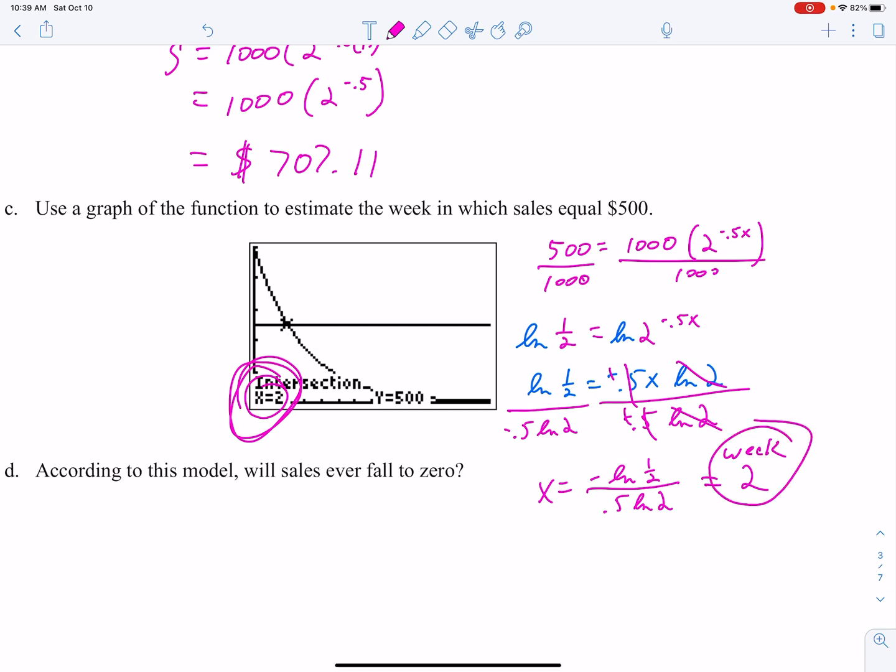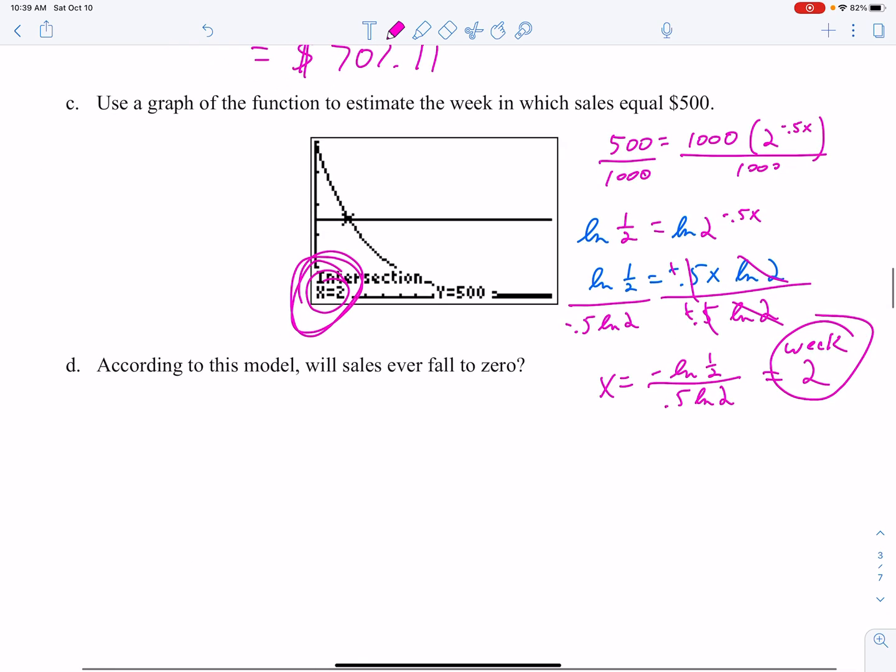There we go. Okay, part D, it says, according to this model, will sales ever fall to 0? So in other words, let's try to plug in a 0 for S and solve. Let's see what happens. 0 equals 1,000 times 2 to the negative 0.5x.